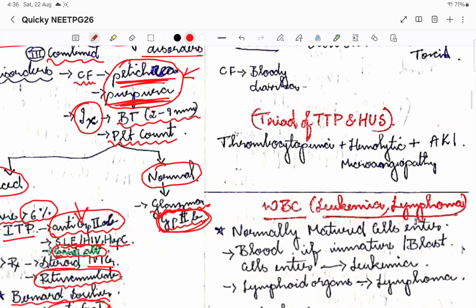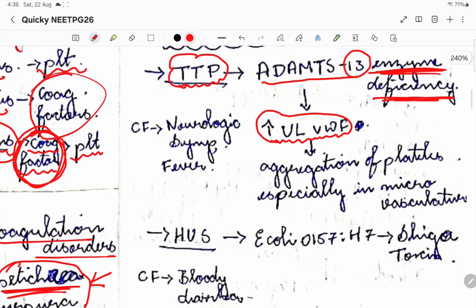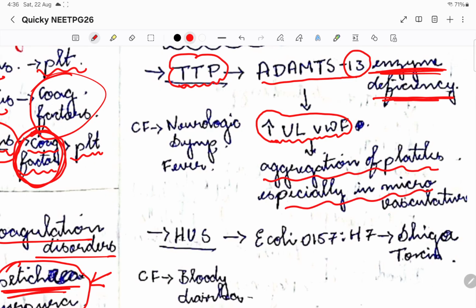See, I discussed that WP bodies were releasing von Willebrand factor. Suppose there is ultra large von Willebrand factor; normally these ultra large ones would be degraded into smaller ones. Instead, these von Willebrand factors lead to aggregation of platelets, especially in the microvasculature.